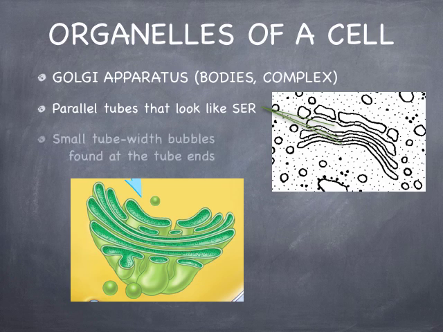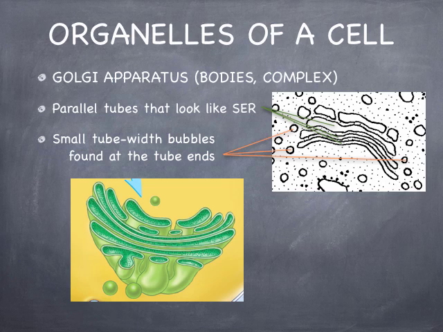The other structure that you would see here are the little bubble-like structures that will always be found at the ends of the Golgi apparatus. In fact, this Golgi apparatus is producing these little bubble-like structures that you see out at the ends there.